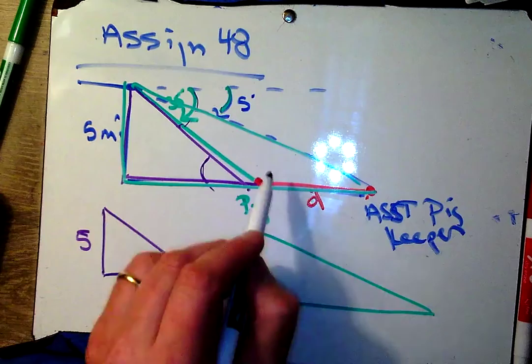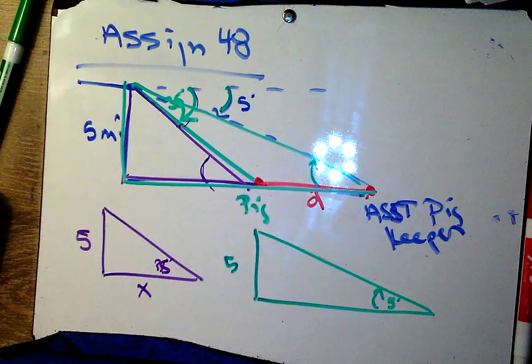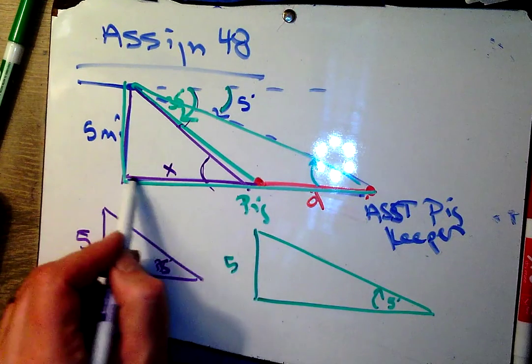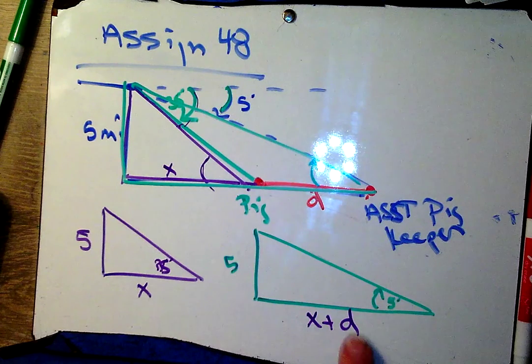This angle is 5 degrees, therefore this angle is 5 degrees. Okay, and what's this length going to be? Well, that's x, and that's d, so I've got x plus d. And we're looking to solve this equation for d.